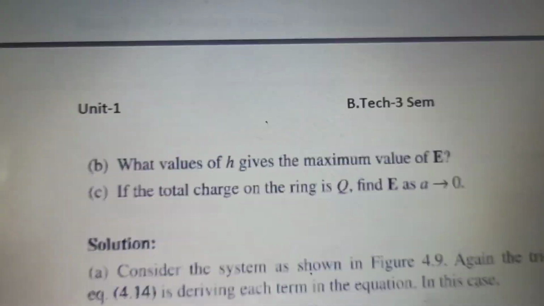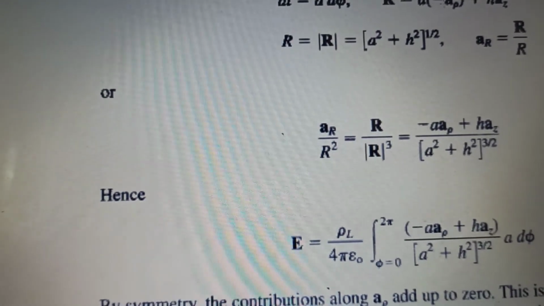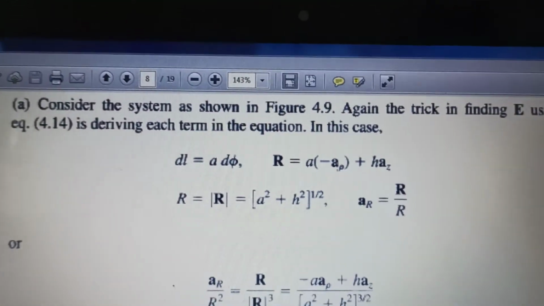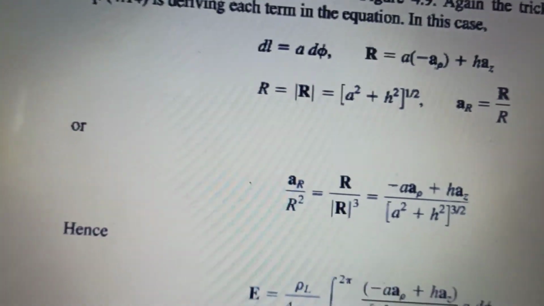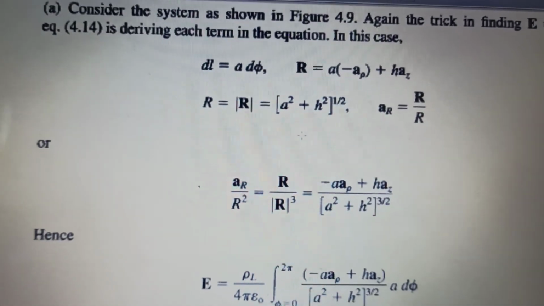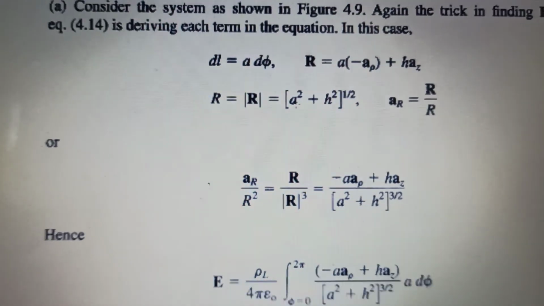Rho L is given. The R vector is minus a rho, because R in the rho direction is a, plus h az, just like the Cartesian coordinate. And why are we using this? Because we have to show this as a proof. That's why I am keeping R as a square plus h square.